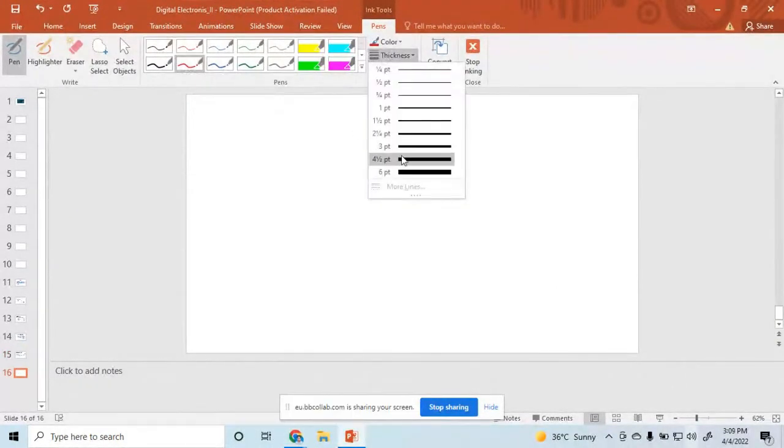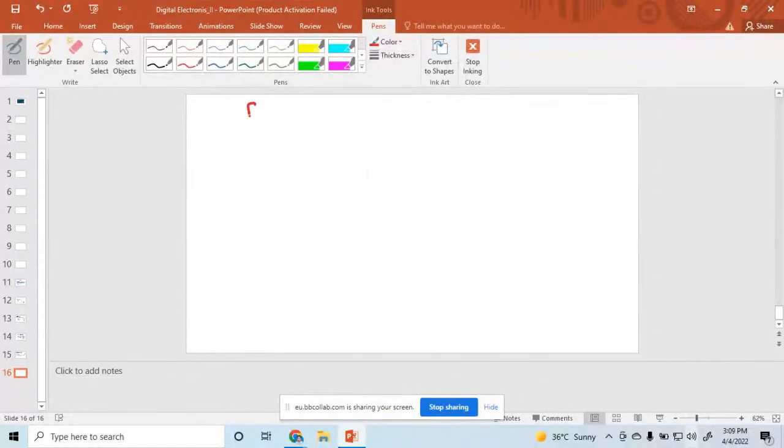What is a flip flop? Basically, what is a flip flop? A flip flop is a sequential circuit. It is a memory device that can store 1 bit of memory.